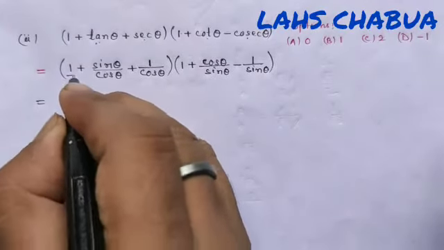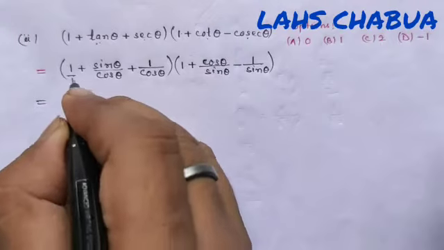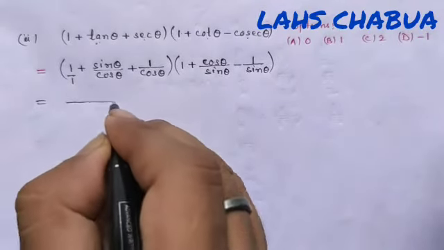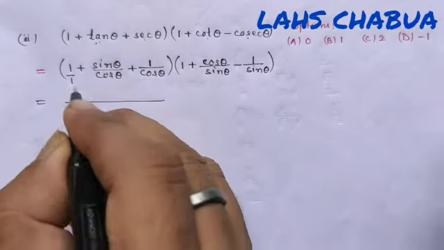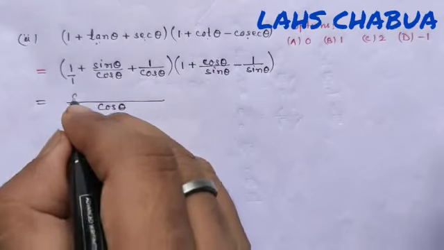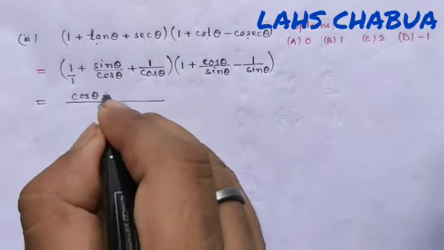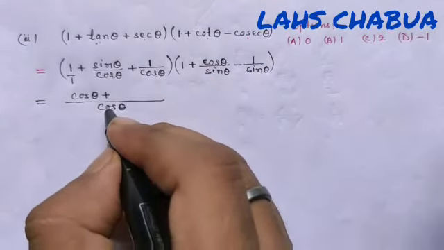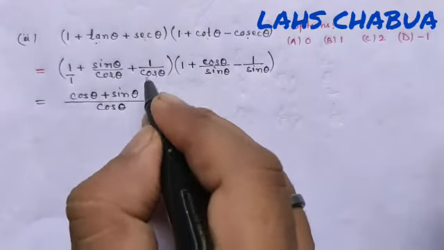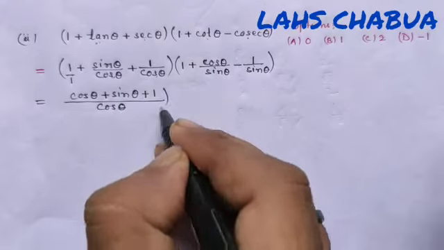Now in this bracket, we are going to take the LCM of these 3 terms. So cos theta into 1, cos theta, plus, the cos theta terms will get cancelled. So here sin theta is left, here 1 plus 1.